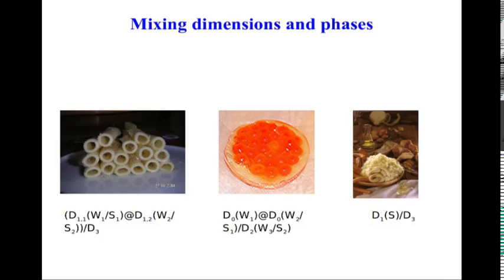And now you can mix the dimension of the phases. So on the left, you have the formula for an artificial meat. A meat is fibers, including a liquid. And the liquid is more or less jellified. This is exactly what we did. In the middle, it is an artificial orange.